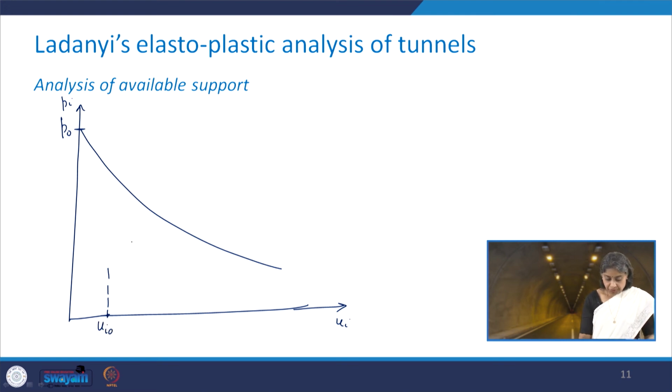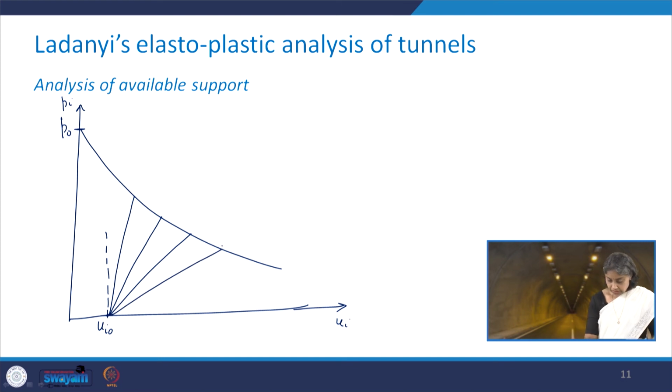And then from here, let me draw and explain how the different types of support systems will have their support reaction curves. So this is the first one, second, third, and the fourth one.